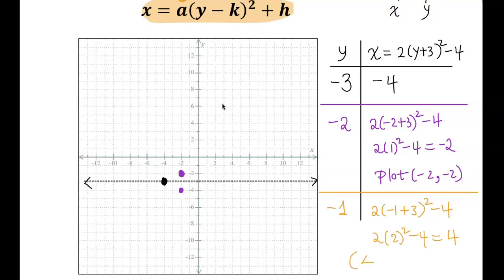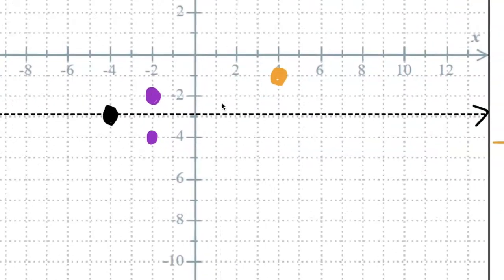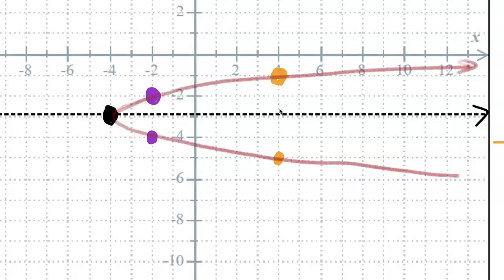So we know that when x is positive 4, y value is negative 1. So go plot 4, negative 1 here. 4 to the right, down 1. So there's that orange dot right there. But if I have a dot that is 2 above from the axis of symmetry, I know I'm going to get another one down here. So I think that's enough. We got enough dots. I'm going to connect these to sketch a parabola that's opening to the right.